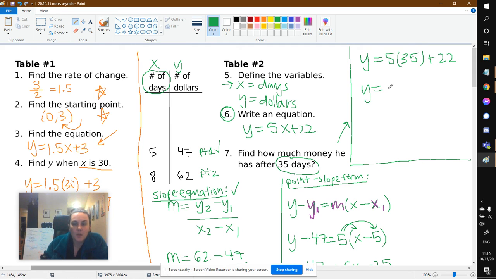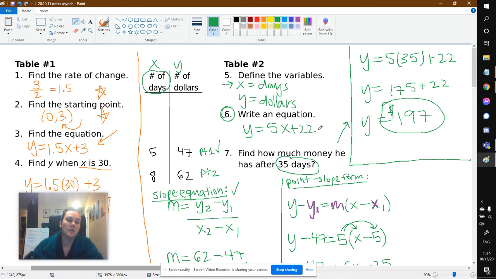And that's how we're going to solve for how much money he has after 35 days. So 5 times 35 is 175. Plus 22 is 197. So he has $197 after 35 days with my numbers.